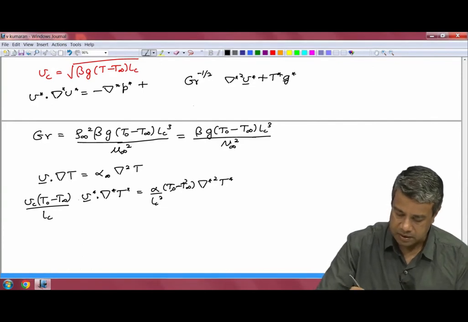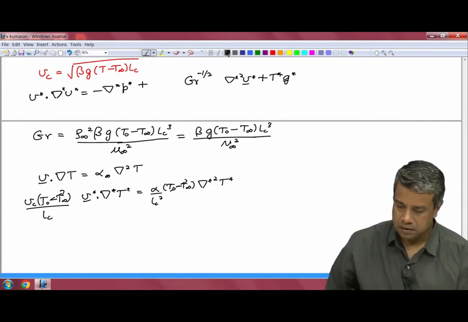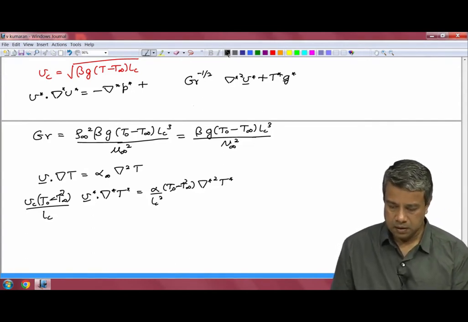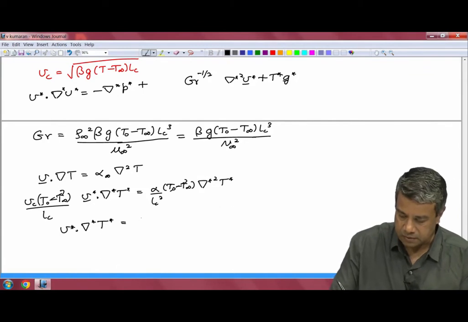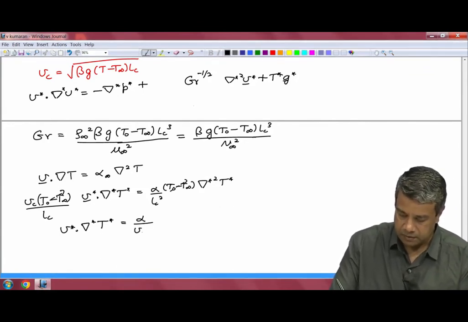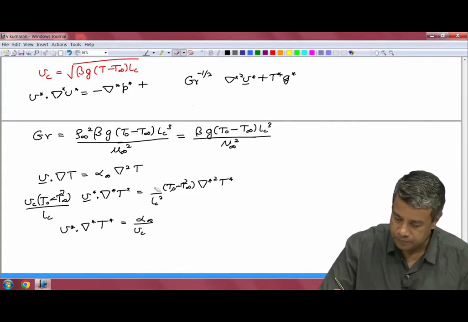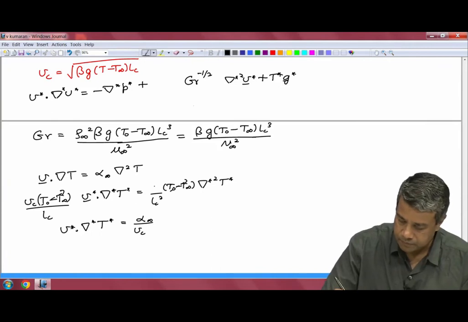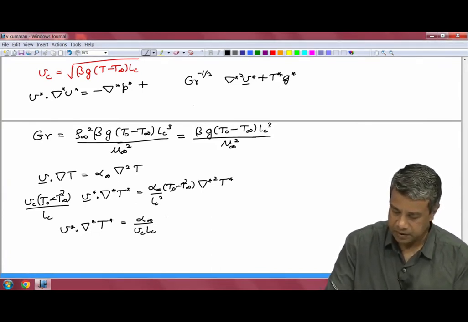And these two will cancel out. Therefore, we get V star dot the grad of T is equal to alpha by alpha infinity V c L c.